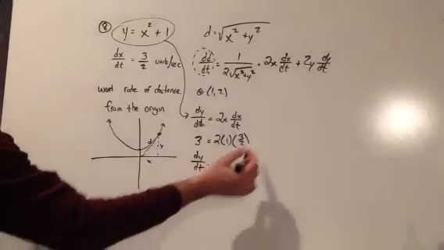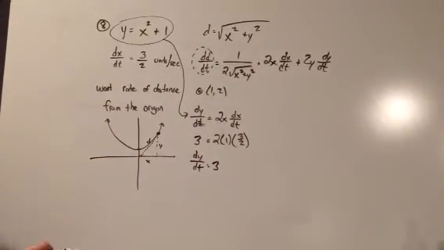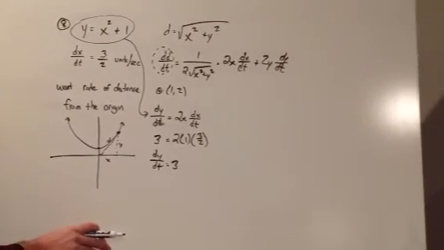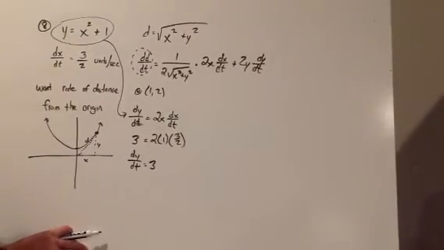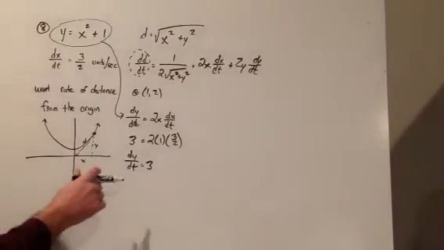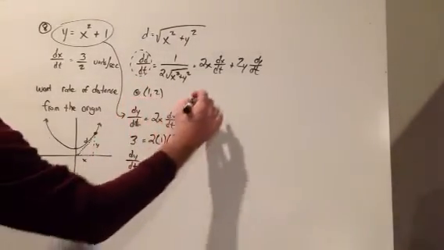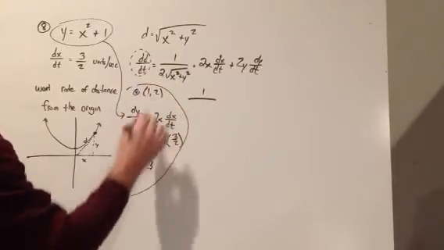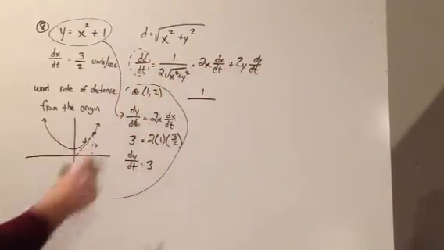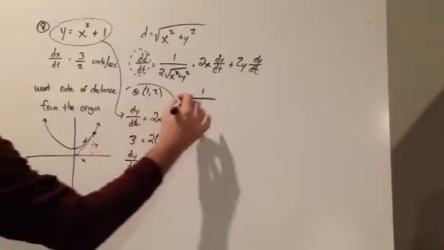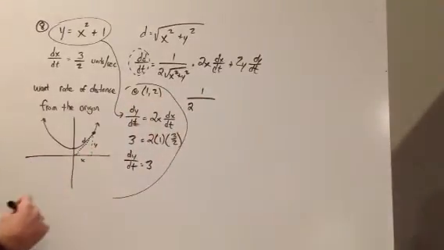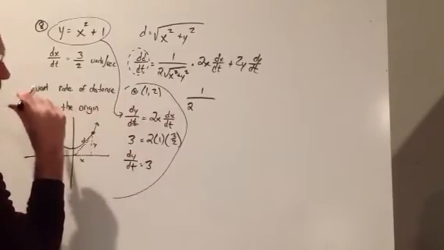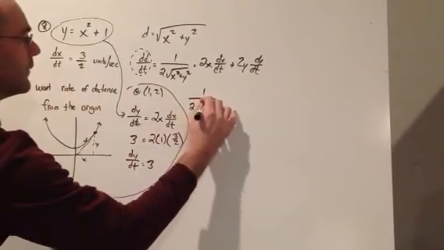So when I come back here and plug it in, let me get myself a little more room here. Hopefully this is still on the camera. When I start plugging in, I've got 1 over 2, and now that's the square root of 1 squared plus 2 squared, so that's square root 5.